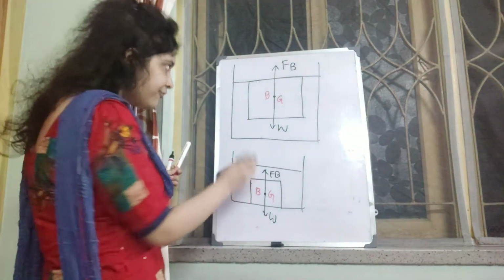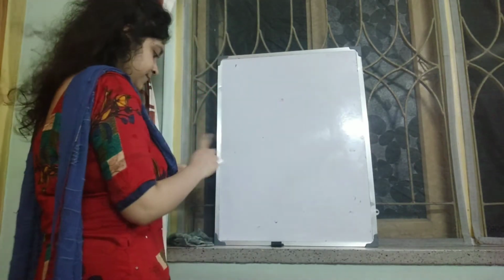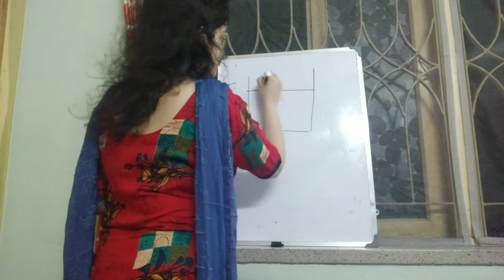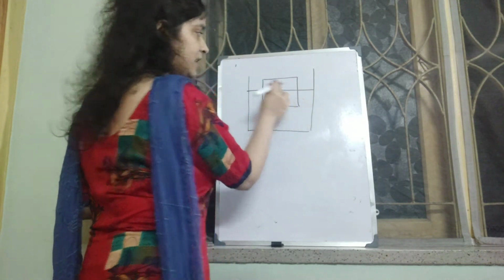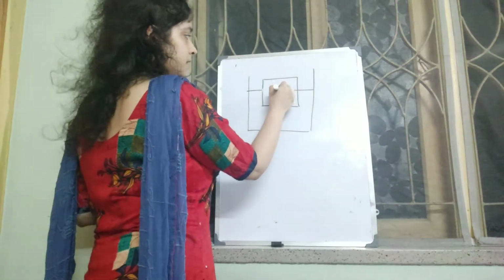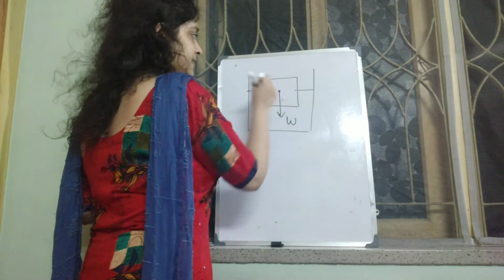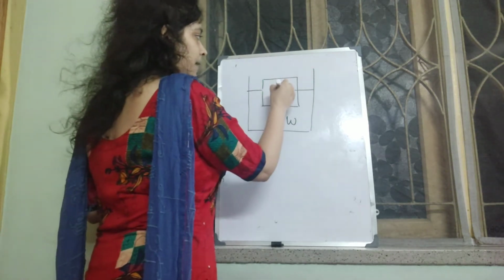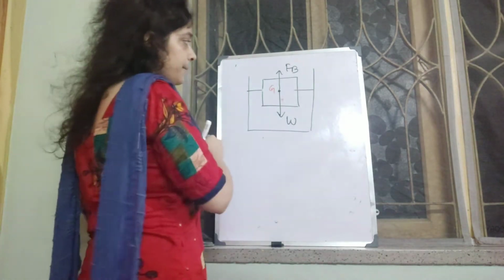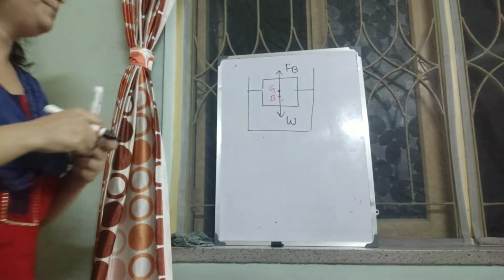But if we have a partially immersed body, the weight acts downwards from the center of gravity and the upthrust acts upward as usual, but the center of buoyancy lies below the center of gravity.